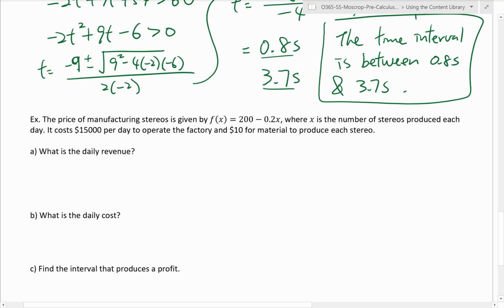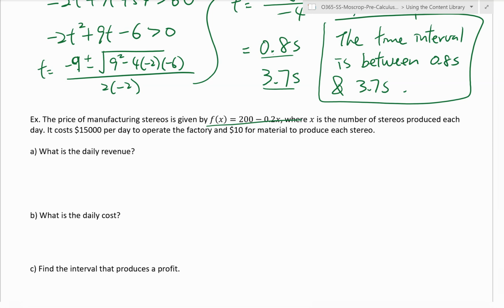That's part A. Okay, so this is the price of manufacturing, and it costs the price. The price is $15,000 a day, and it costs $10 for material to produce each stereo.